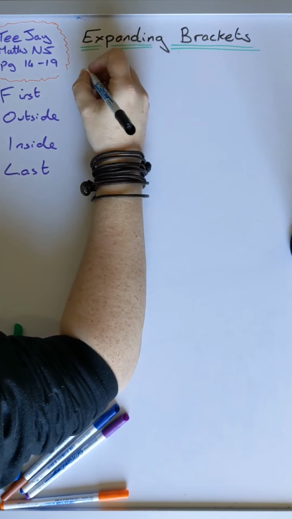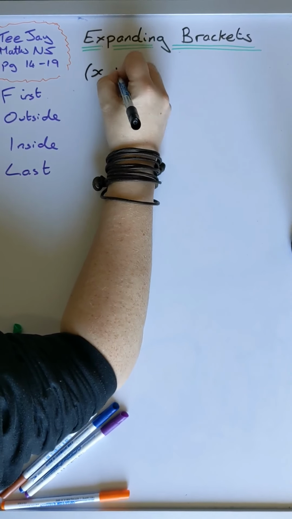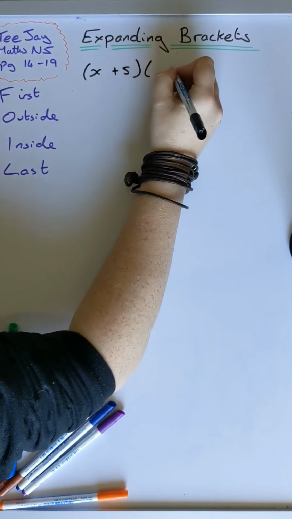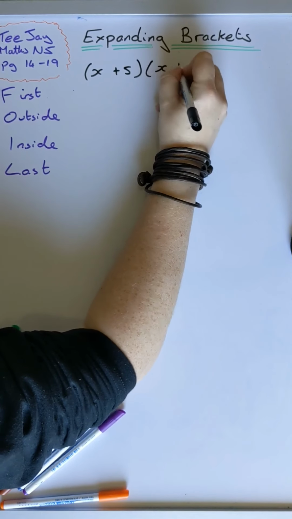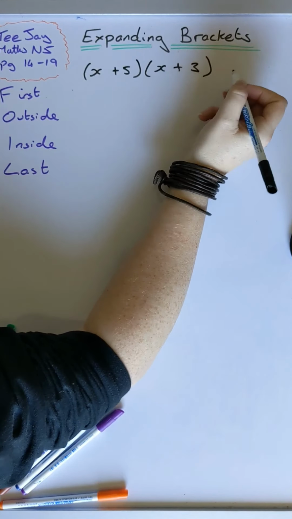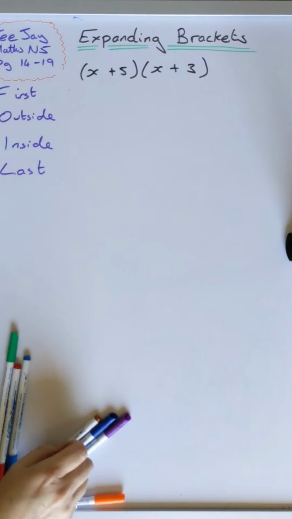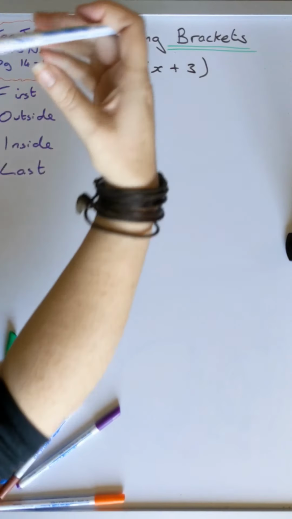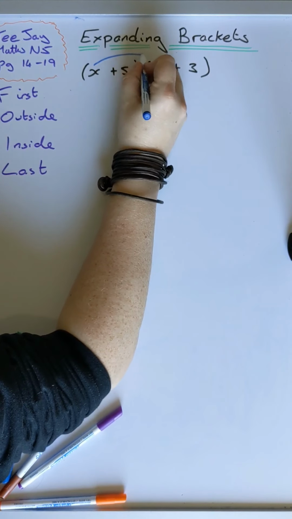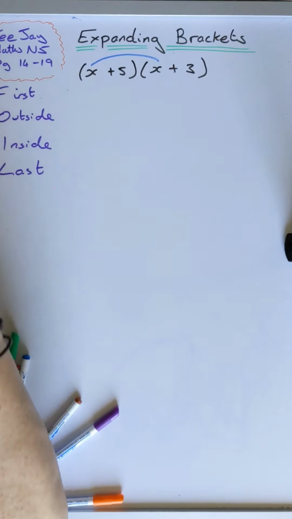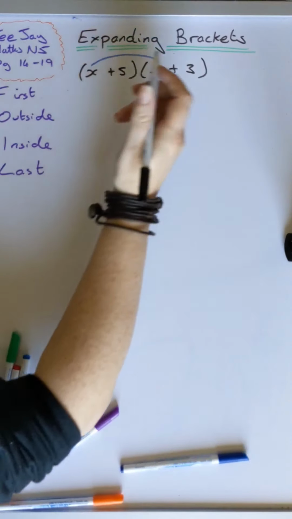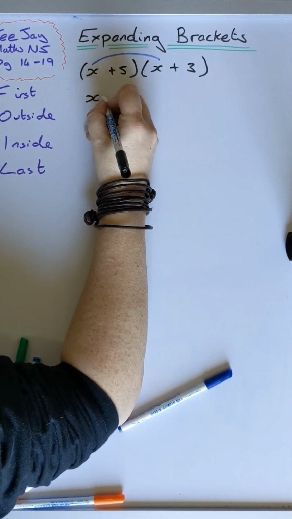So if we start off with x plus 5 and x plus 3 as our two brackets, what we're going to do is multiply the first by the first, so x times x is x squared.